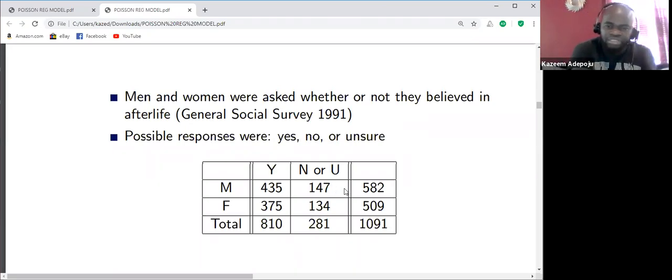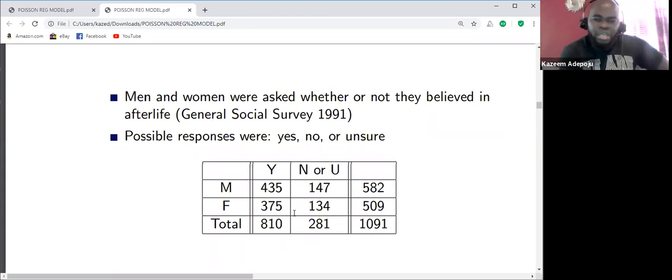What you can see right here is that 1091 was the number of respondents in this survey, and out of the 1091, 810 people say yes, there is afterlife, and 281 say no or are unsure.